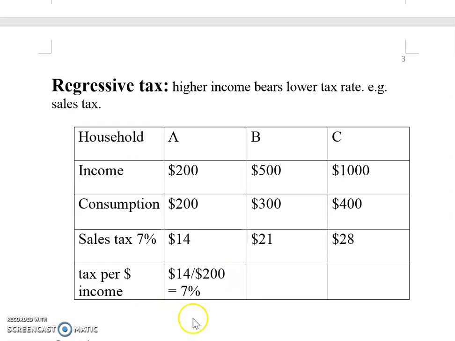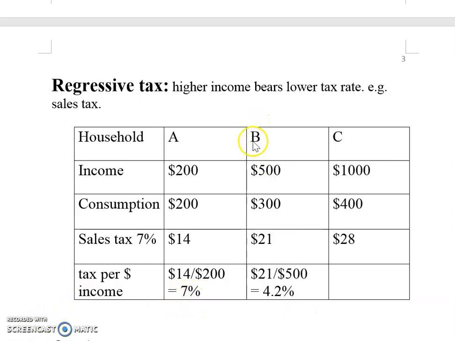Okay. Let's calculate the tax per dollar of income, because tax is a tax on our income. So household A pays $14 sales tax. His income is $200. So $14 out of the income of $200 equals 7%.